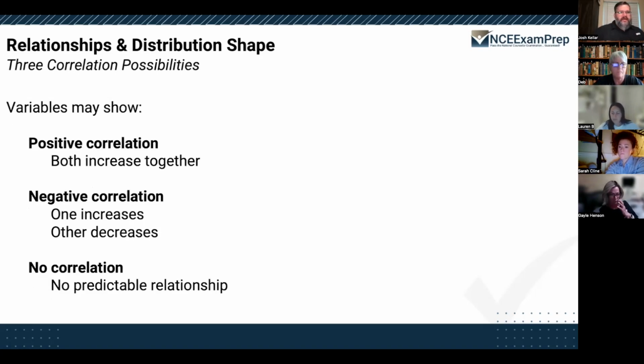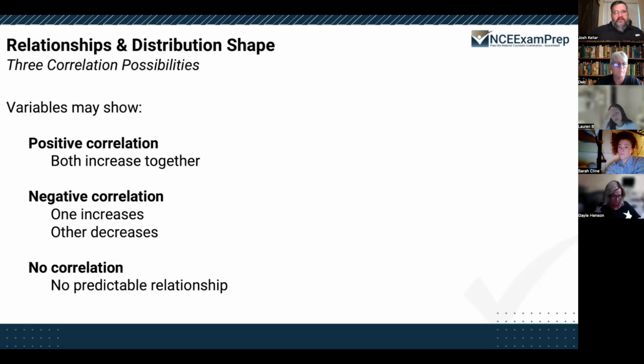So when we're looking at correlation, there are variables that might show one of three things. A positive correlation, meaning that both increase together. A negative correlation, so as one increases, the other decreases, or no correlation, so there's no predictable relationship.